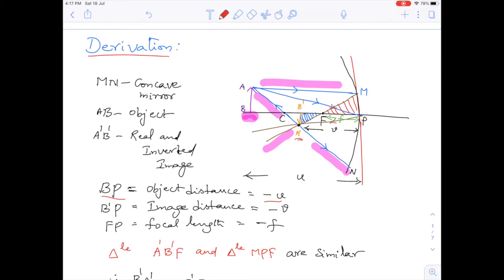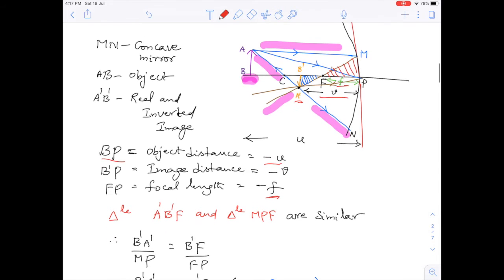And B dash P is the image distance, and again the image is formed to the left of the mirror, so it is again negative. All distances measured to the left are negative, therefore it is minus v. Then from the focus to the pole, the distance is small f, and that is the focal length. So these are the three distances.